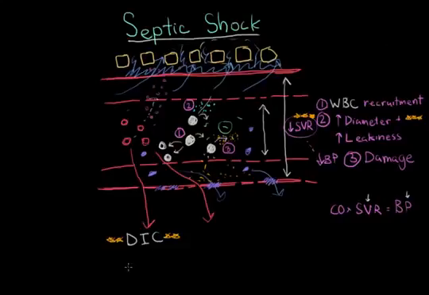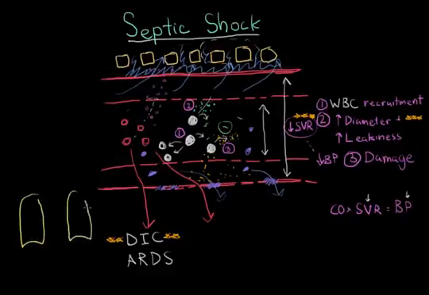And another complication that can be seen in septic shock is ARDS, acute respiratory distress syndrome. As you know, the lungs are highly vascularized. They have a lot of blood vessels because they need to be able to take oxygen from the atmosphere to saturate blood vessels. Now let's again return to our pathology of septic shock.